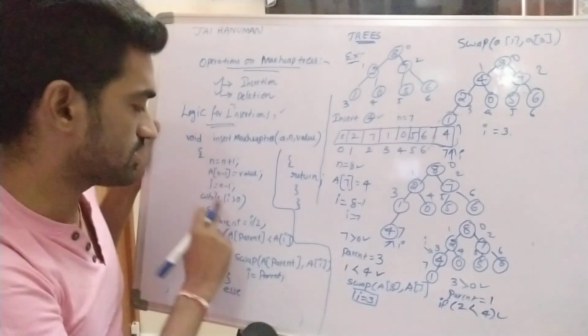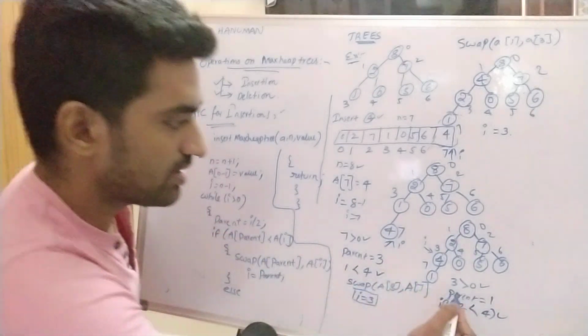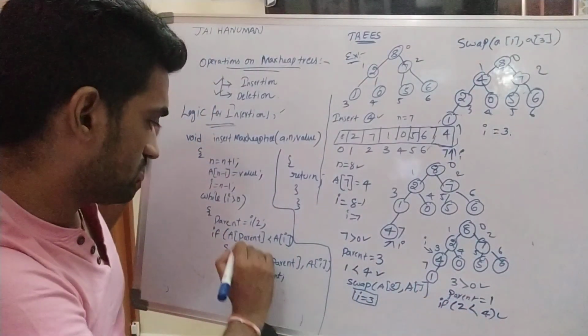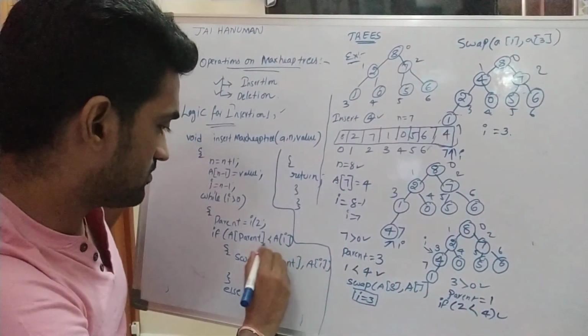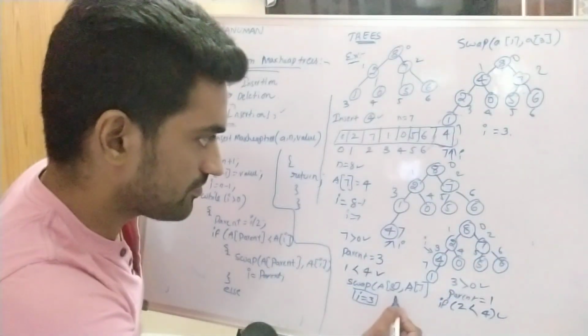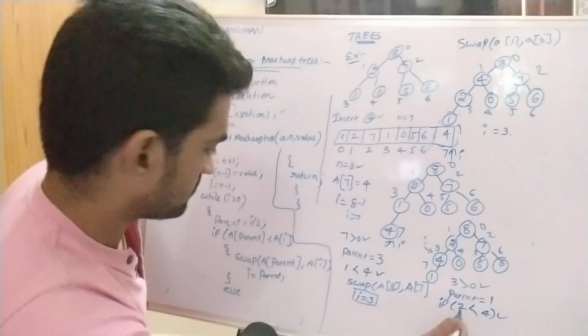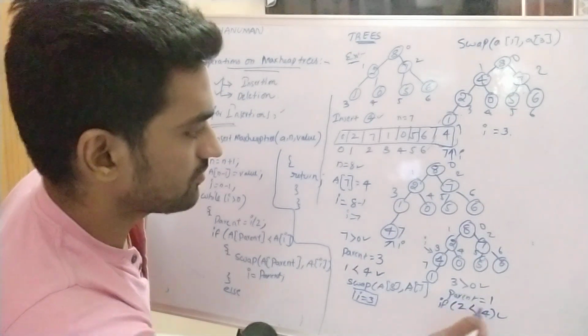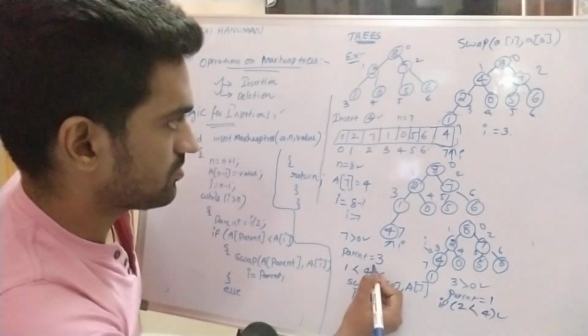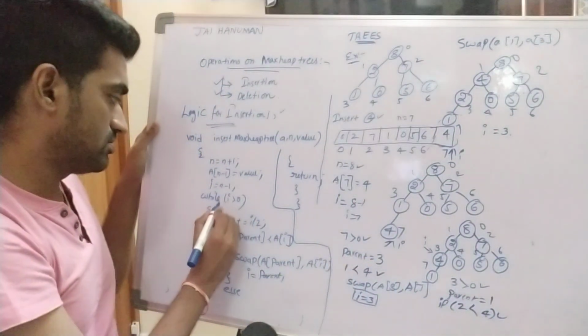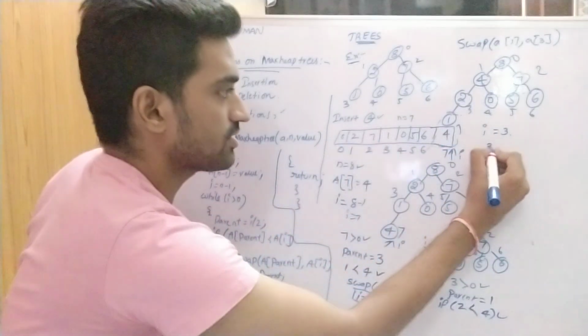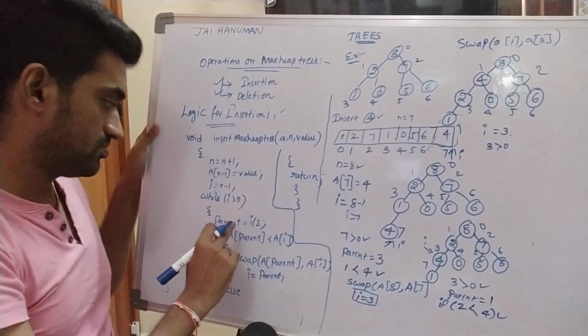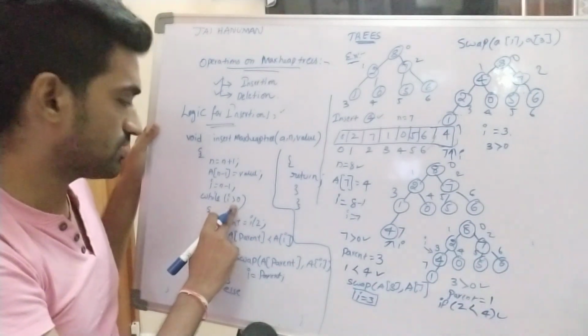I is equal to 3, 3 greater than 0, condition is true.